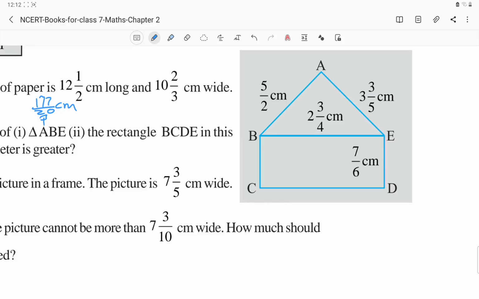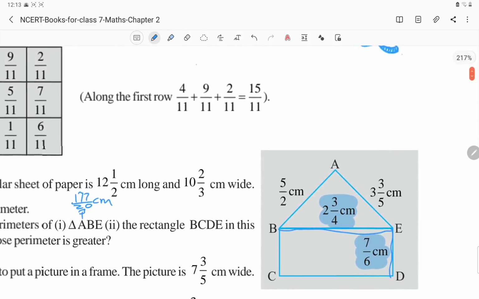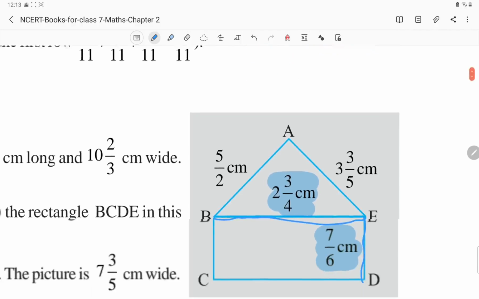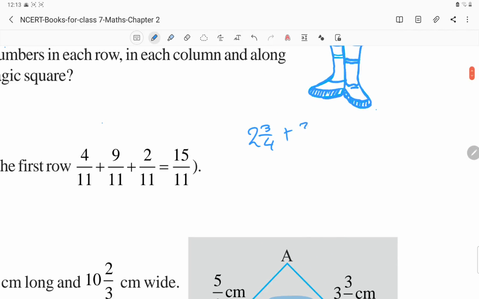Okay, so that is 2 times 2 3 by 4 plus 7 by 6. Okay, so that's length. So let's first find out 2 3 by 4 plus 7 by 6.